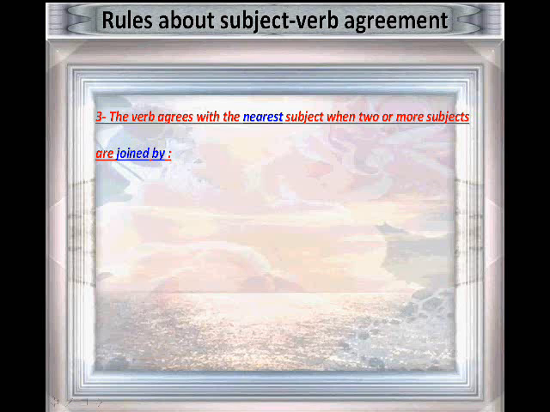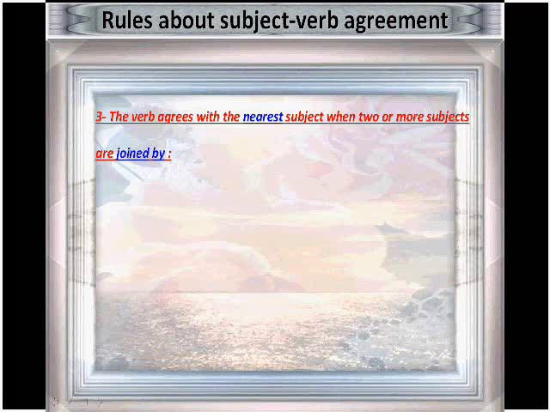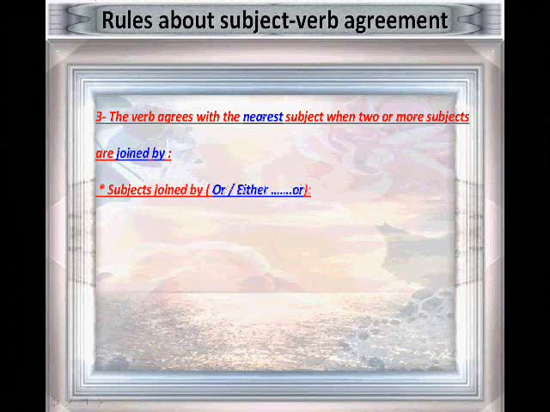Sometimes you can have two subjects in the sentence, so the verb agrees with the nearest one, which is of course the second one. And we have subjects joined by or, either or. So the verb agrees with the nearest subject if the subjects are joined by or or either or.